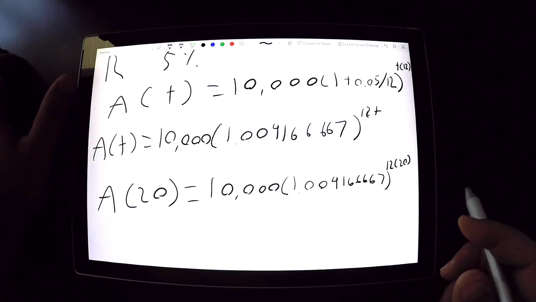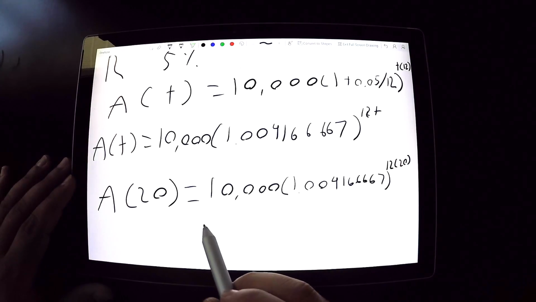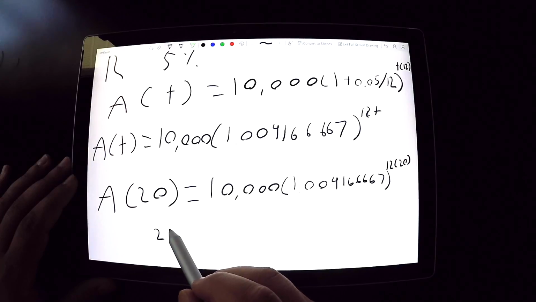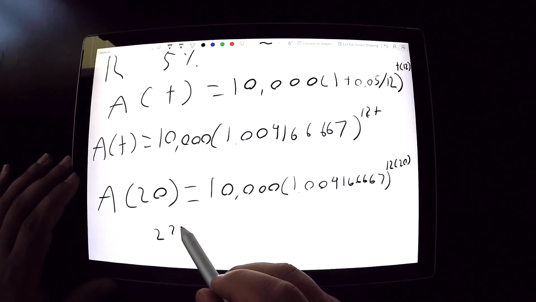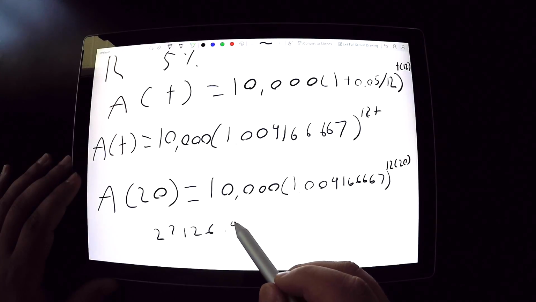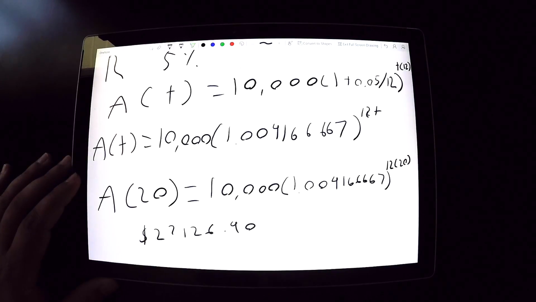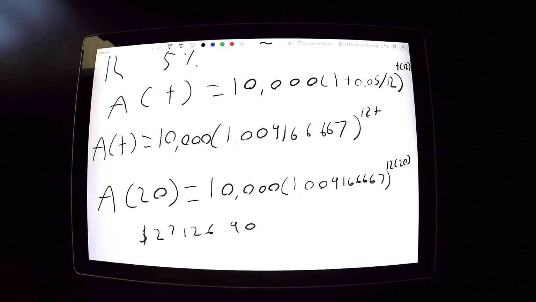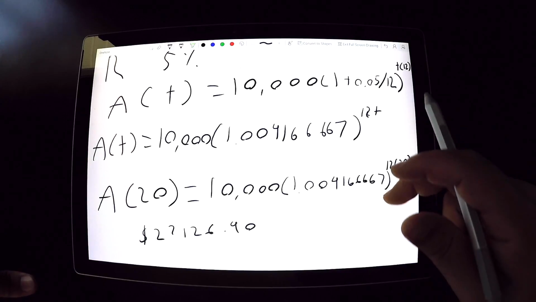When you simplify this, your answer should be $27,126.40. That's how much you'll accumulate when interest is earned 12 times a year.